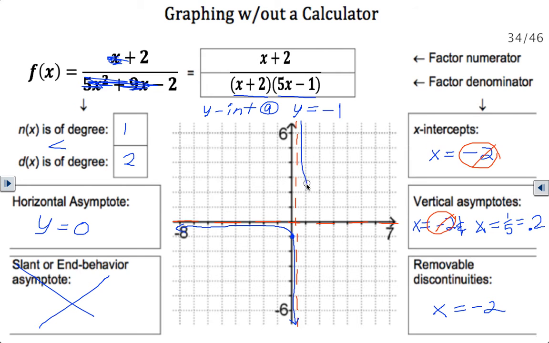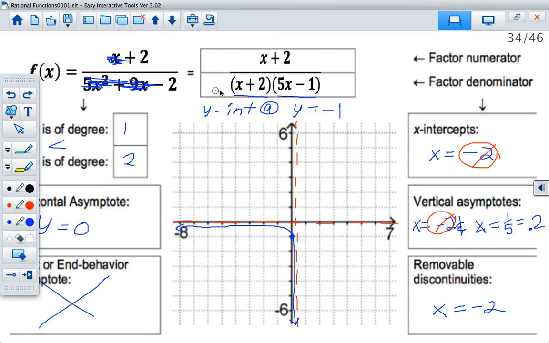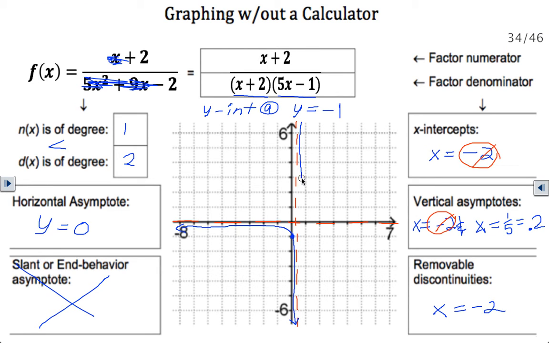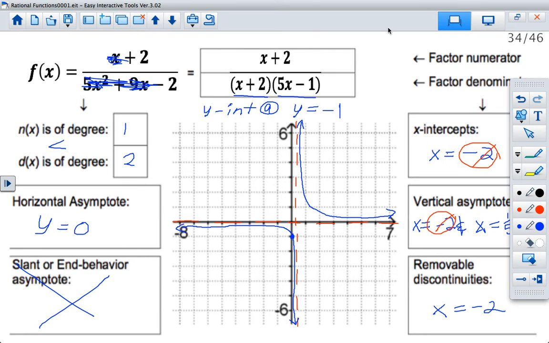And because I know that my graph is going to follow the path of my asymptotes, it's not going to be too hard for me to guess what the graph looks like. So it's going to look something like this, where it's going to curve around here because of this asymptote, and it's going to curve around here because of this one. All right. So there is my first problem graphed without a calculator.